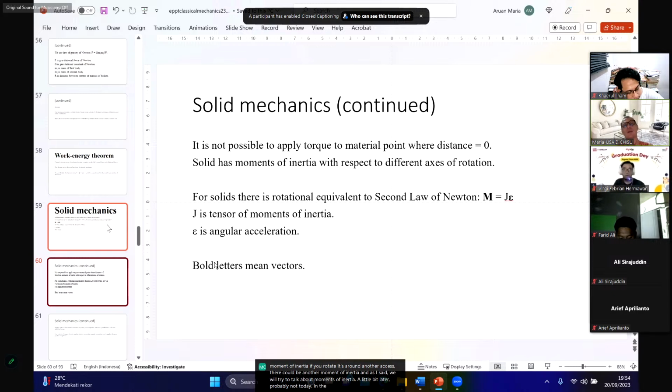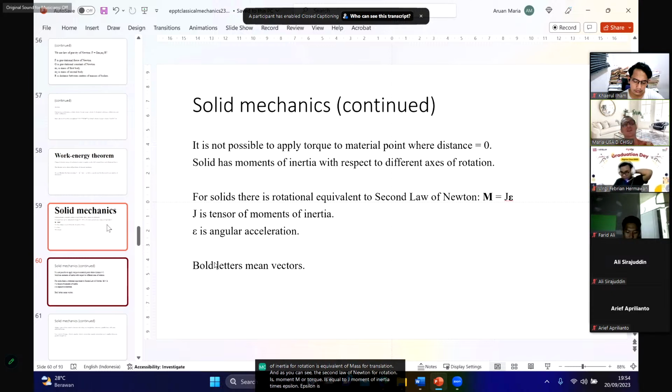Just remember that moment of inertia for rotation is the equivalent of mass for translation. And as you can see, the second law of Newton for rotation is moment M or torque is equal to J, moment of inertia, times epsilon.